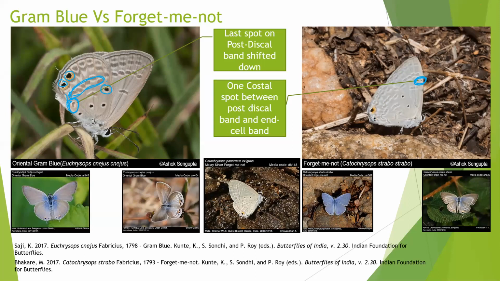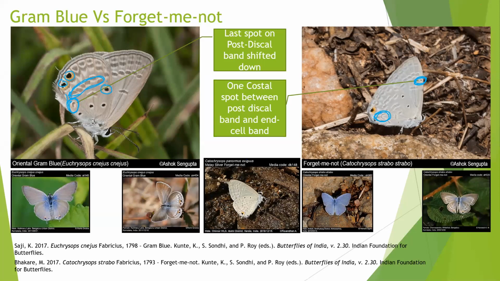And of course, if you see the hind wing, there is a C forming here. This C, this postdiscal band, there is a C forming. This C formation is very prominent in case of a forget-me-not, which is not the case with other similar blues.